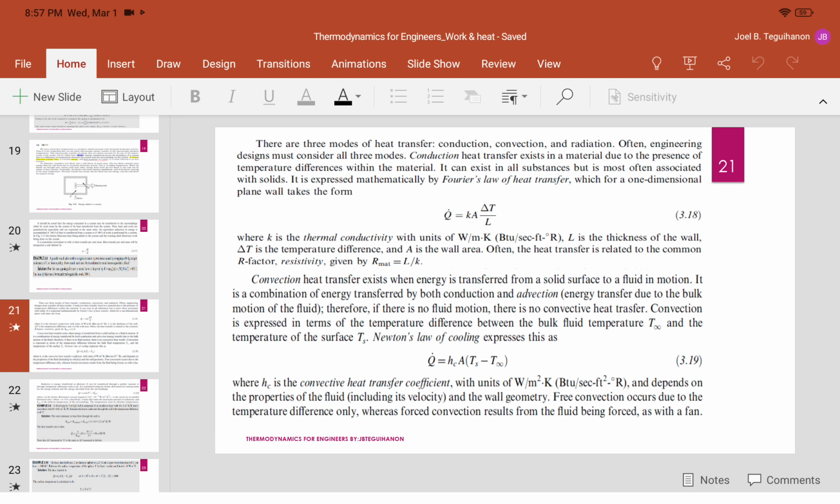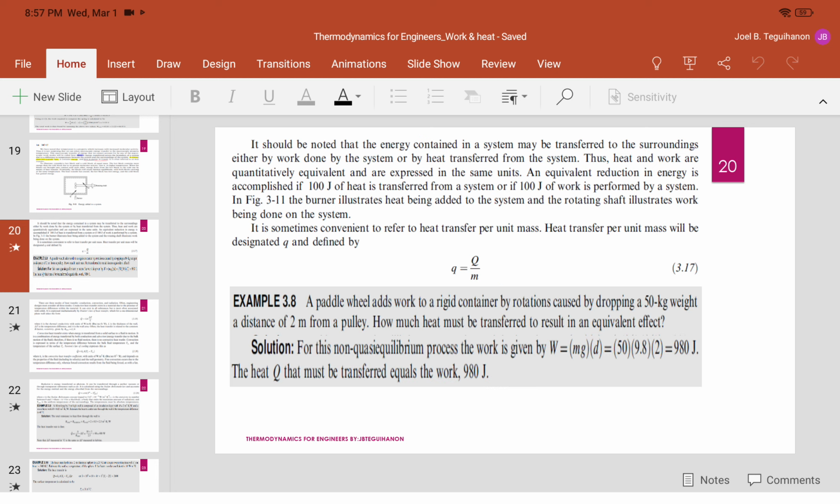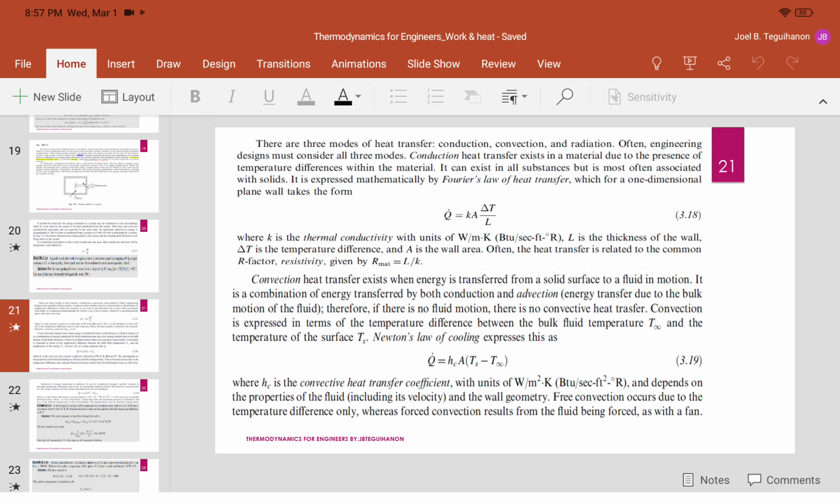For conduction, we have this formula here.